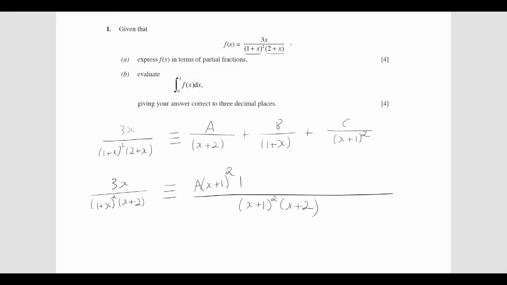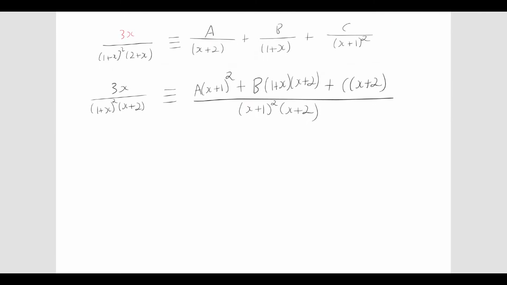So that's plus b, and then it's 1 plus x in the bottom, so it's 1 plus x, or x plus 1, x plus 2, plus c, x plus 2. Okay. So what I'm going to do now is multiply both sides by 1 plus x squared, x plus 2.